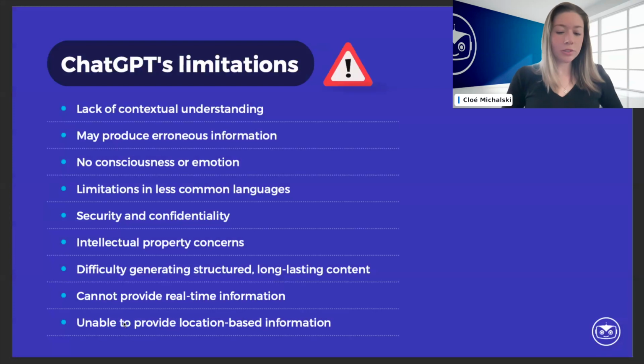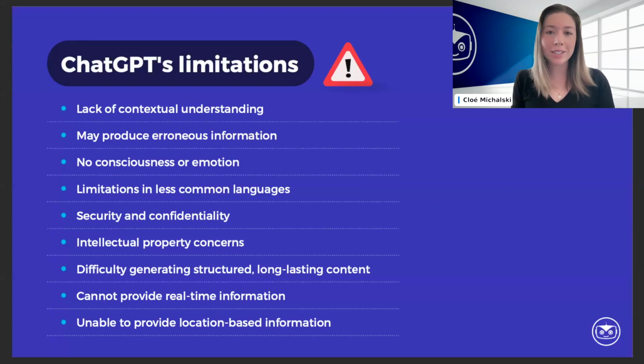So as Charles wrote, ChatGPT is a really powerful tool. I personally use it every day and call it my personal marketing assistant. But I think it's important to also know the limitations of the software. The first one is the lack of contextual understanding.